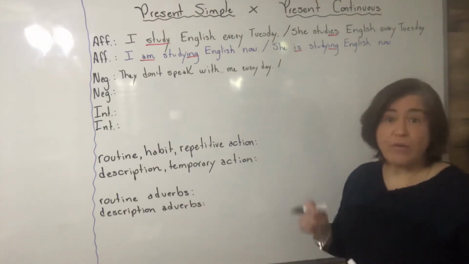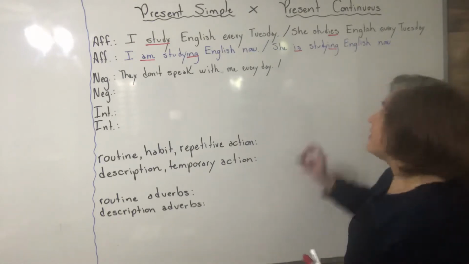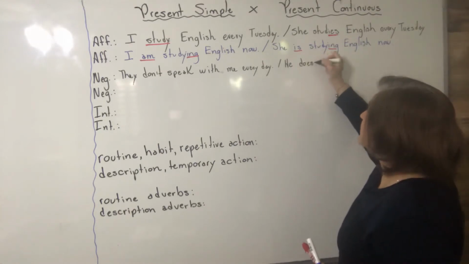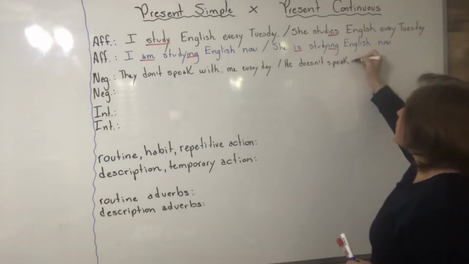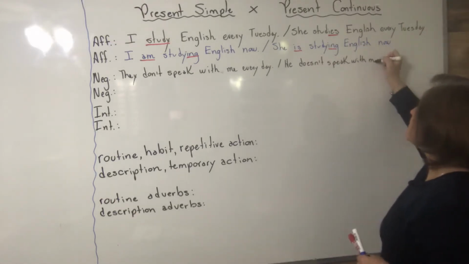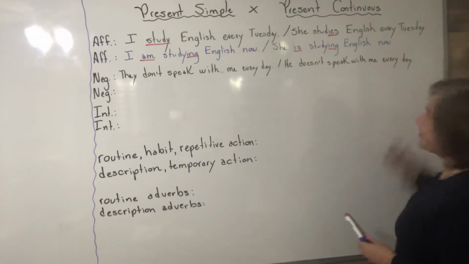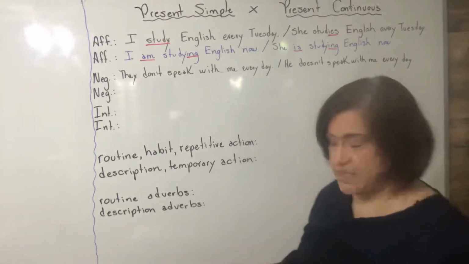And remember, when we have he, she, it, the auxiliary is not don't. Example, he doesn't speak with me every day. So, negative sentence in present simple.